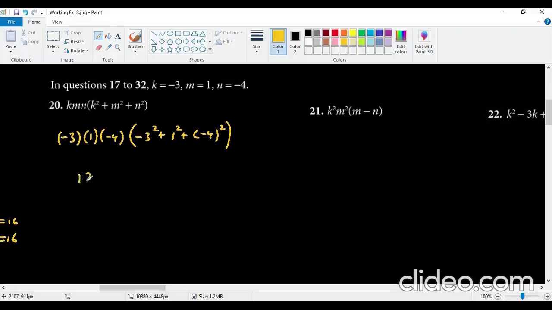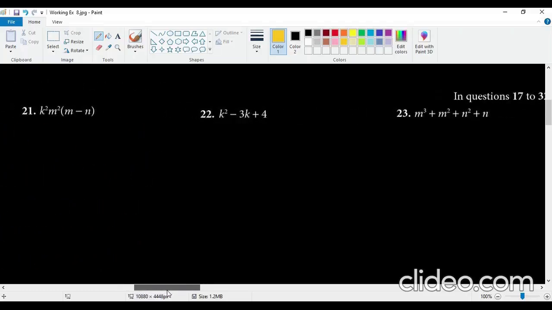So outside the bracket, you will get a plus 12, and inside the bracket you have 9 plus 1 and plus 16, because negative 4 times negative 4 gives you a 16. So 12 times 10 plus 16 is going to give you a 26. And when 12 is multiplied by 26, it's going to give you 312 as an answer.